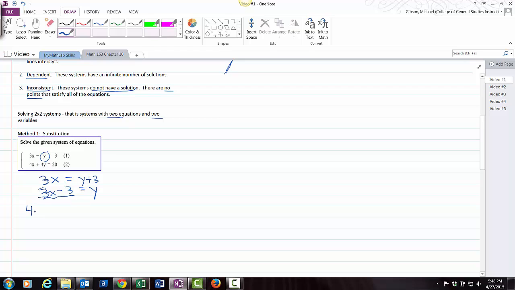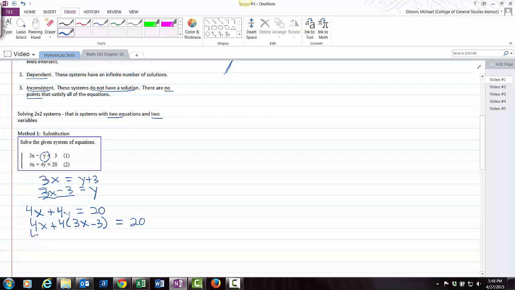The other equation is 4x plus 4y equals 20. Then I substitute in the 3x minus 3 for the y: 4x plus 4 times (3x minus 3) equals 20.